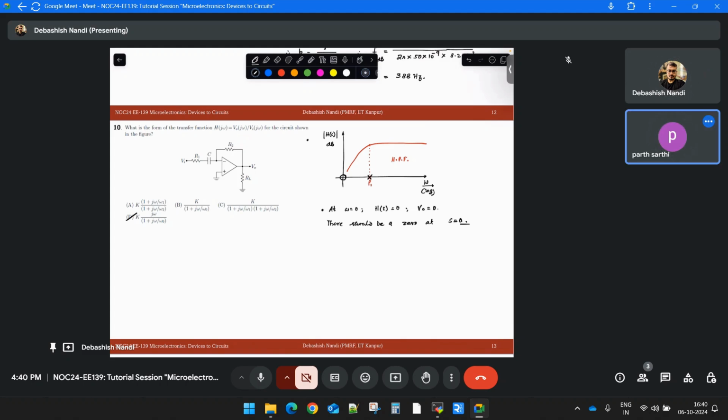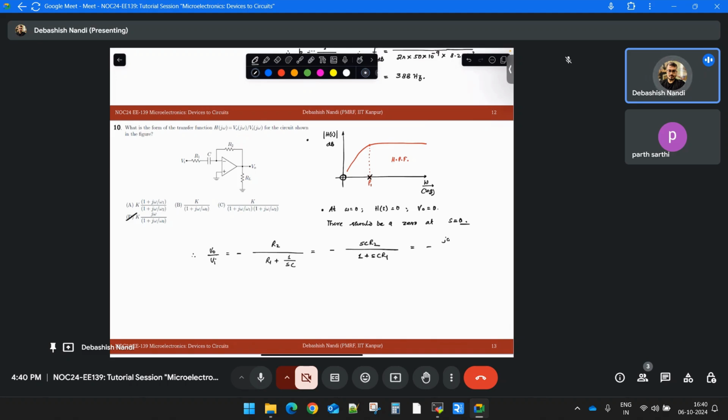In another way, you can simply do the solution. Your V0 by V in will be R2 by the series combination of 1 over SC, that is SCR2 divided by 1 plus SCR1, that is J omega CR2 divided by 1 plus SCR1.